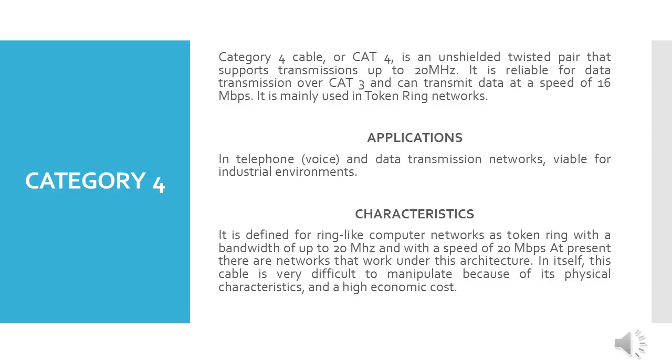Characteristics: it is defined for computer networks such as token ring, with a bandwidth of up to 20 MHz and a speed of 20 megabits. At present, there are networks that work under this architecture. In itself, this cable is very difficult to manipulate because of its physical characteristics and high economic cost.